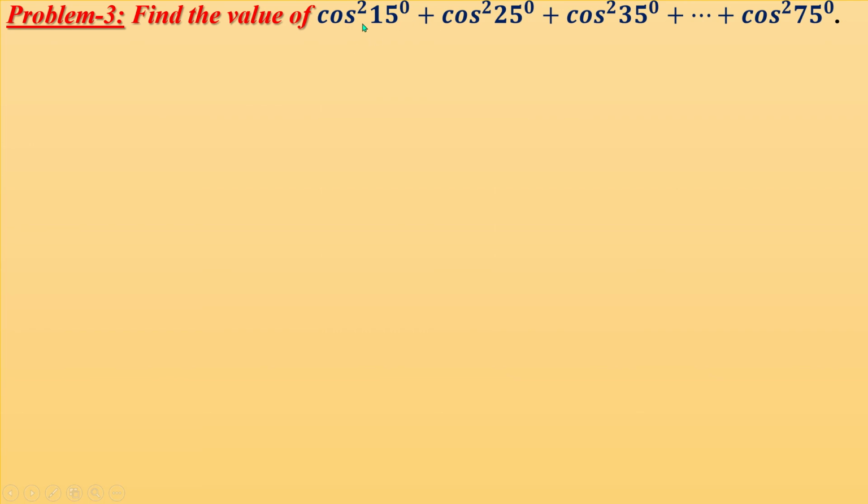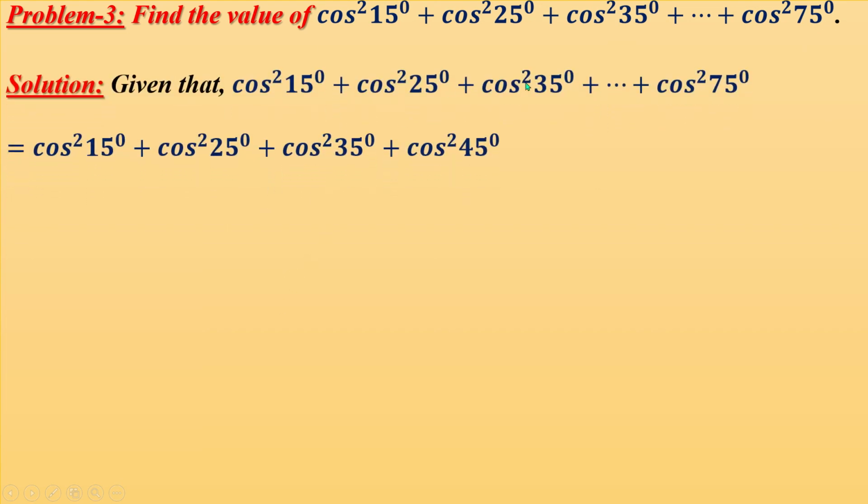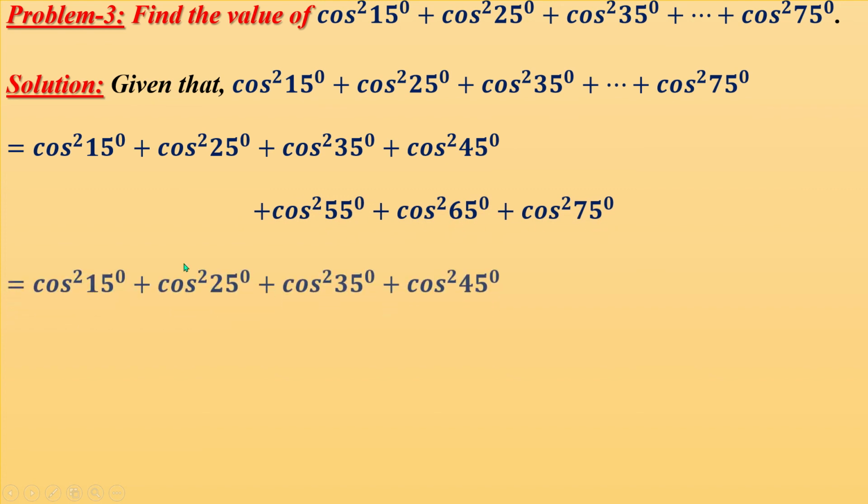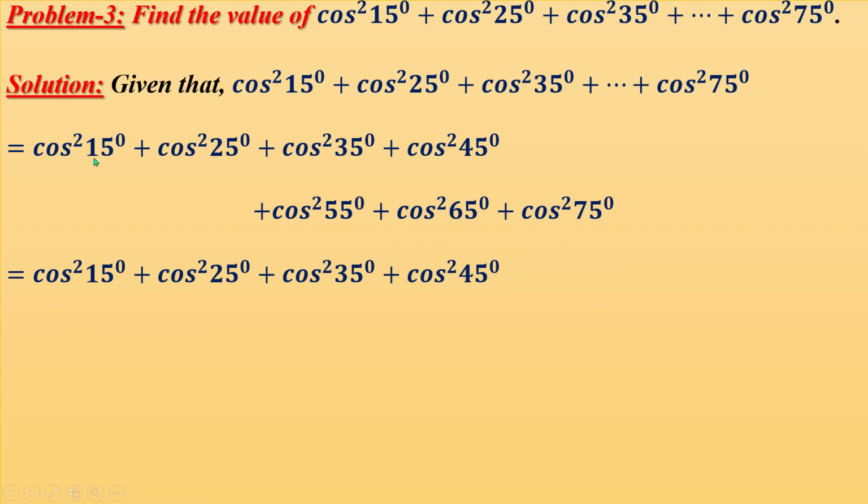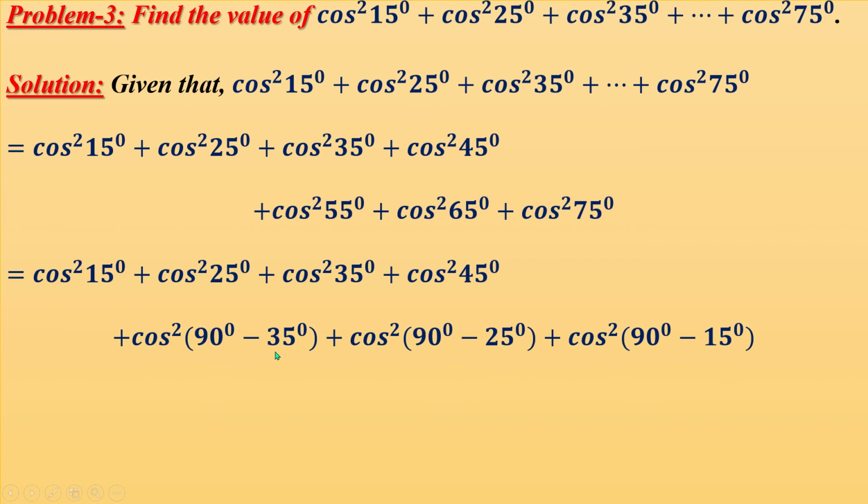Find the value of cos² 15° plus cos² 25° plus and so on up to cos² 75°. Since the difference is 10 degrees, next is 35, then 45, 55, 65 and 75 degrees. The first 4 terms are fixed, but we can write 90° minus 35° as 55°, and as here it is given 35°, we need another 35° but that will be sin because here it is cos.